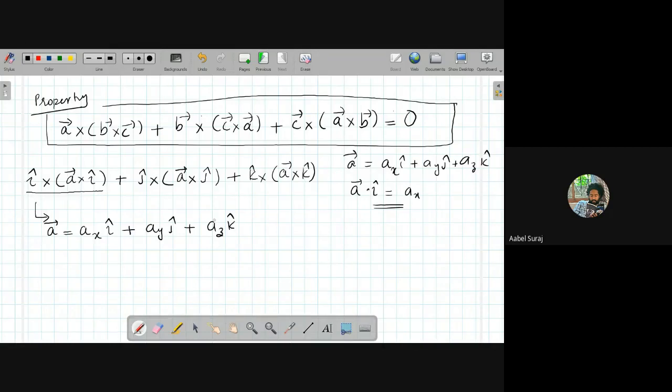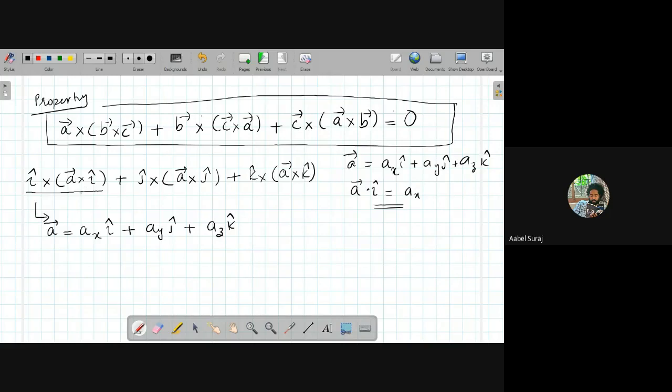You can write A1, A2, A3 instead of AX, AY, AZ, as you wish. But if it is AX, it is clear that it is the component of A along the X direction, AY the component along the Y direction. Just to understand that, I have written AX I, AY J, AZ K. So this is the three-dimensional form of A vector. Just define that first, then we will do the next.